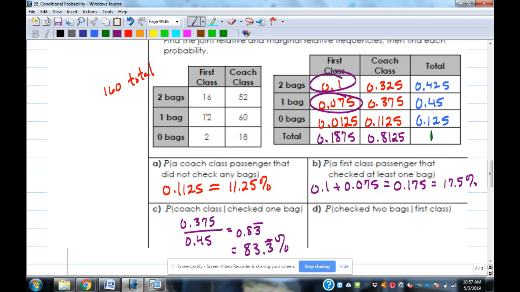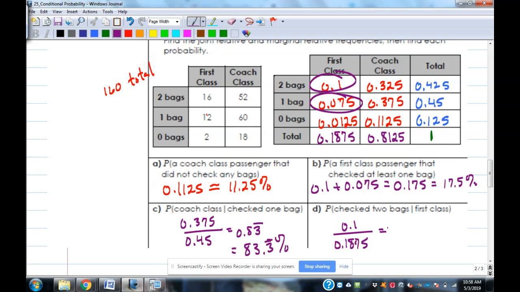D part says the probability that they checked two bags given that they were first class. So we have to narrow down to first class. What's our total for first class? 0.1875. And then the probability of them checking two bags would be 0.1.